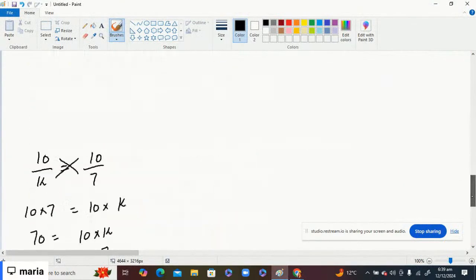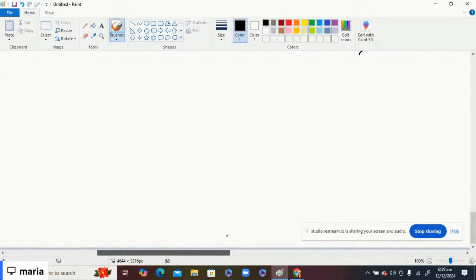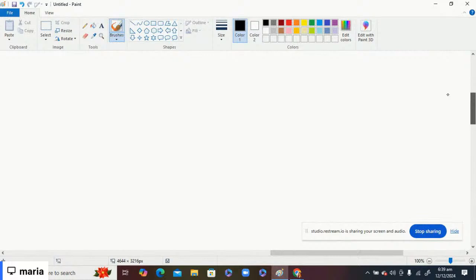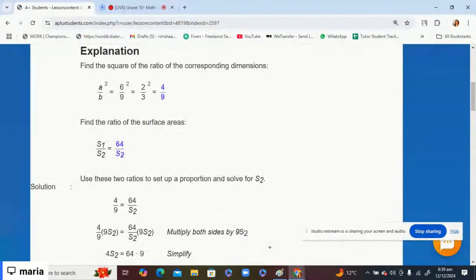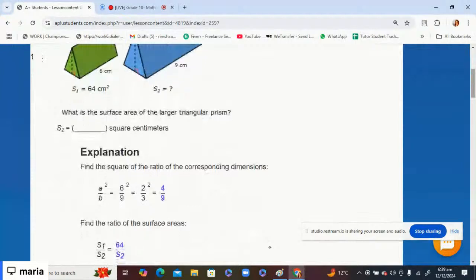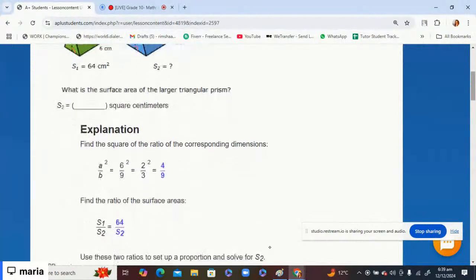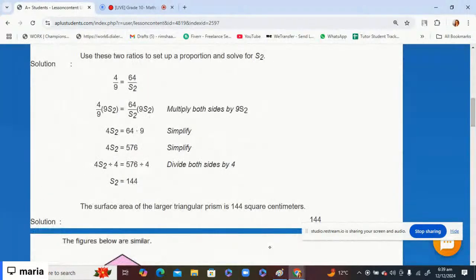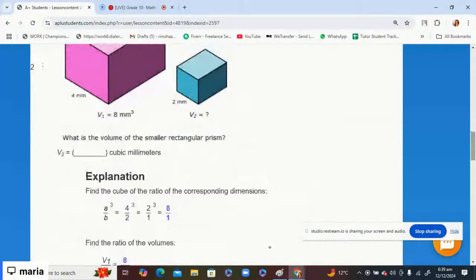First thing that we are doing, if the two figures are given, we are using A square over B, 6 square over 9, 36 over 9. Let me just check this.